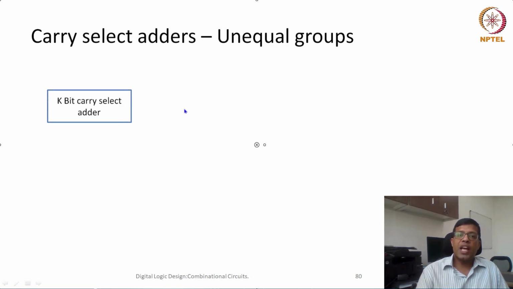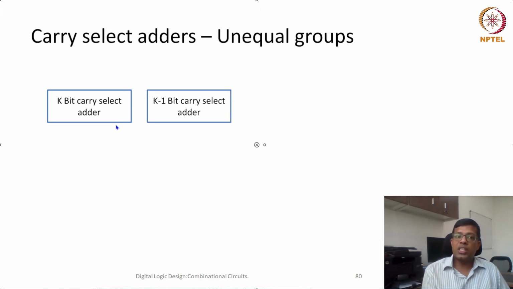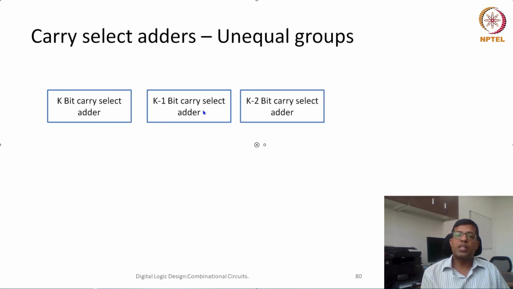So if I have an n bit number, first the highest order k bits I'll use for a k bit carry select, and then for the lower significant bits I can have a k minus 1 bit carry select adder, and then a k minus 2 bit carry select adder.